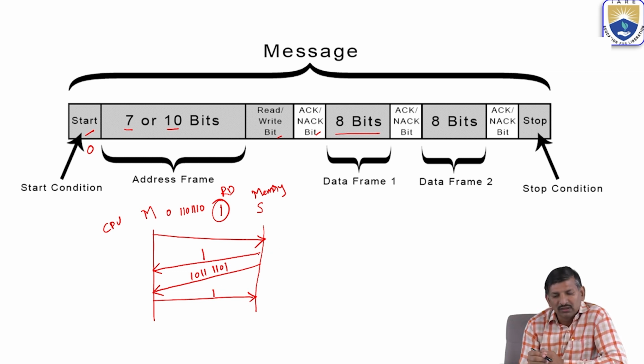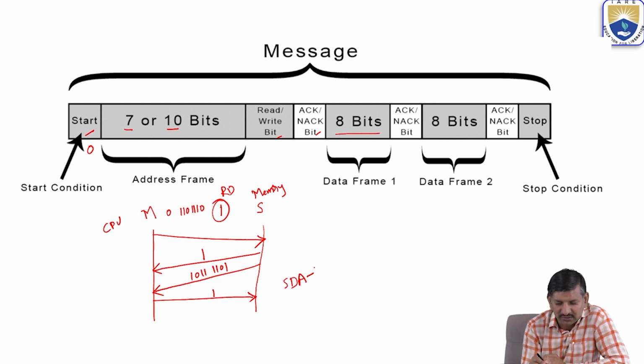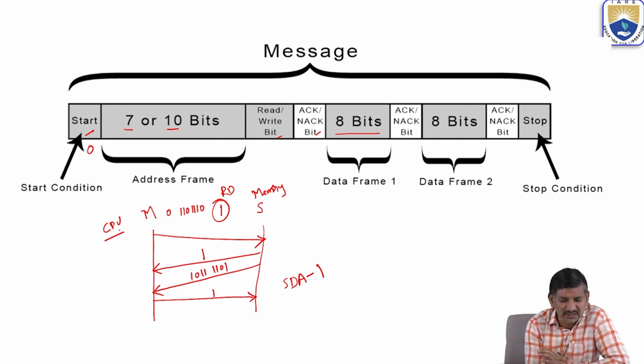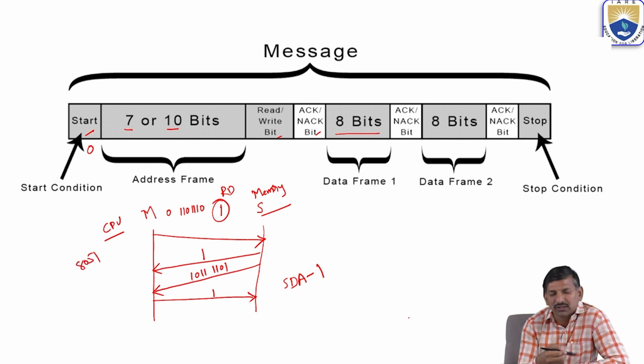Like that, it communicates until it wants to stop. After completion of the operation, the serial data line SDA goes to 1. Like that, the I2C device shares information from the CPU, or core component like the 8051, to its memory device.